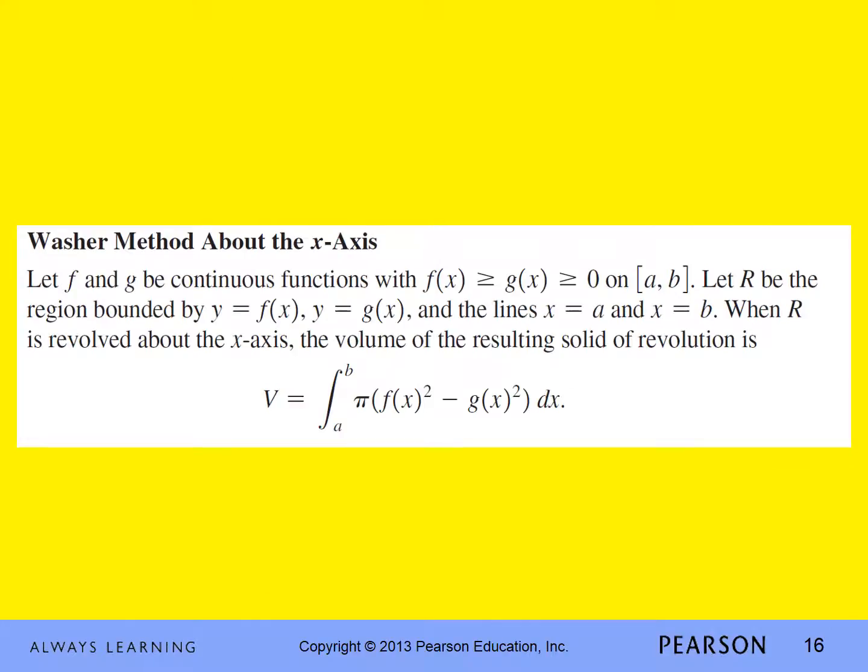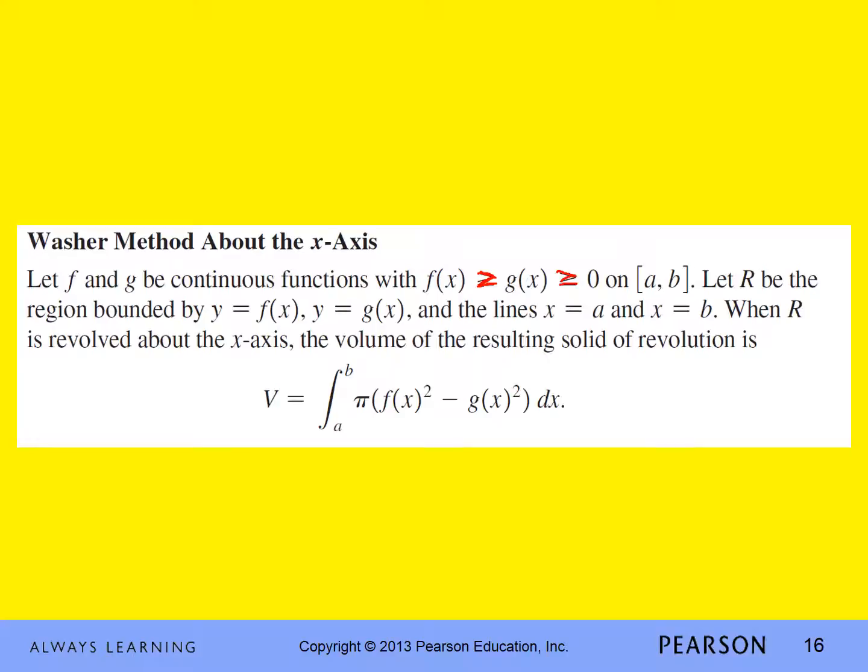Okay, so washer method, same conditions. We're going to say f of x is greater than or equal to g of x on this closed interval a b, and we're going to make them both positive, as we saw in the picture, continuous functions.